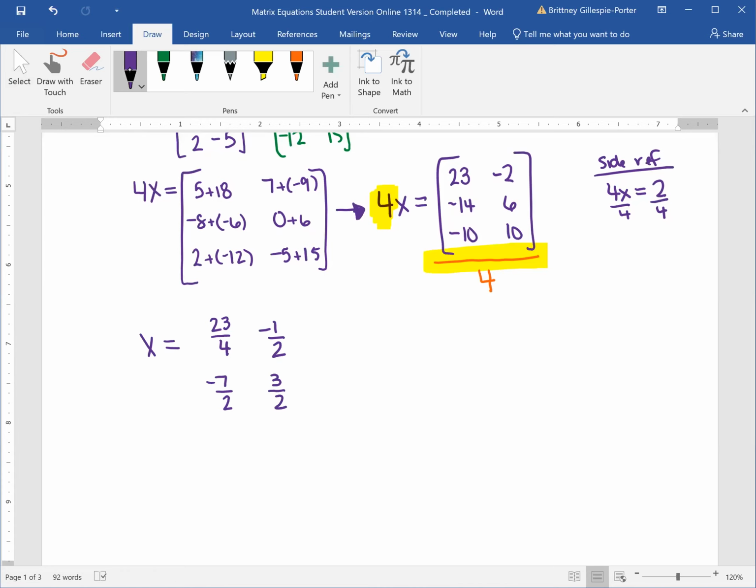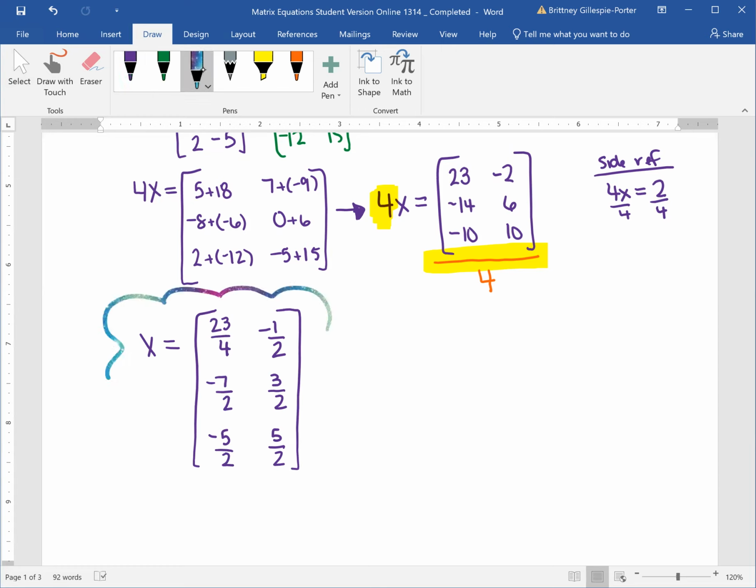And -10 divided by 4 reduces to -5/2, which means 10/4 is +5/2. Okay. And you don't have to do the arithmetic that quick. Remember, you can use a calculator. Do 23 divided by 4, convert back to a fraction. -14 divided by 4, convert back to a fraction.